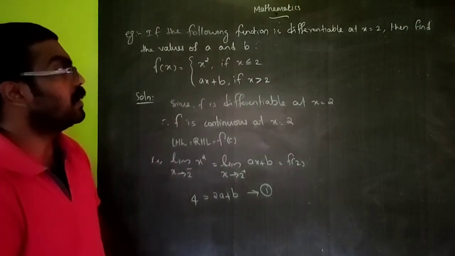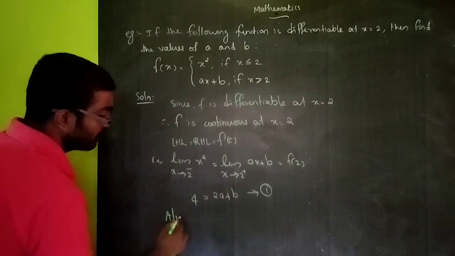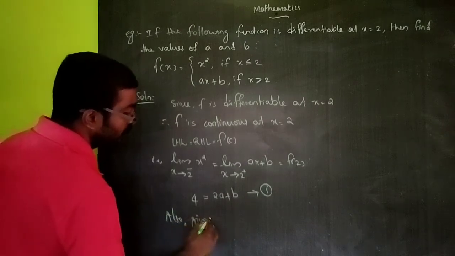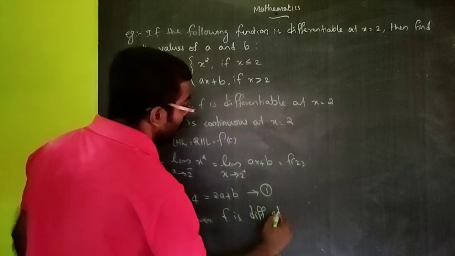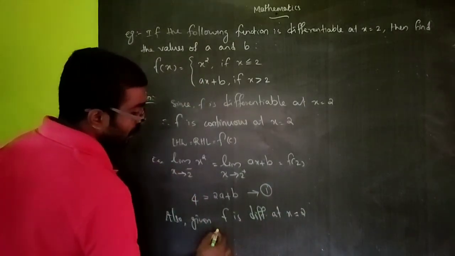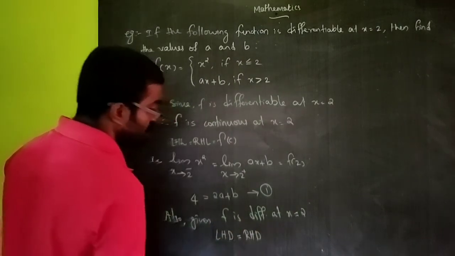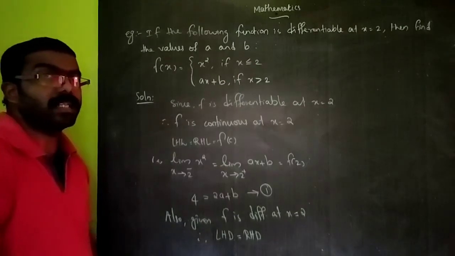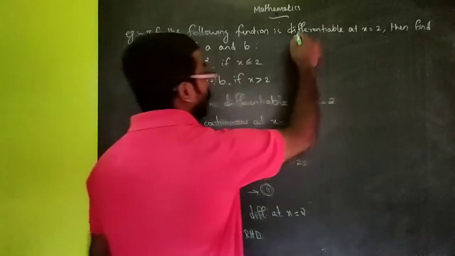Now we can write the differentiability part. Also given f is differentiable at x equal to 2, and which implies left hand derivative is equal to right hand derivative. Okay, left hand derivative is equal to right hand derivative, and we can apply the formula for them.